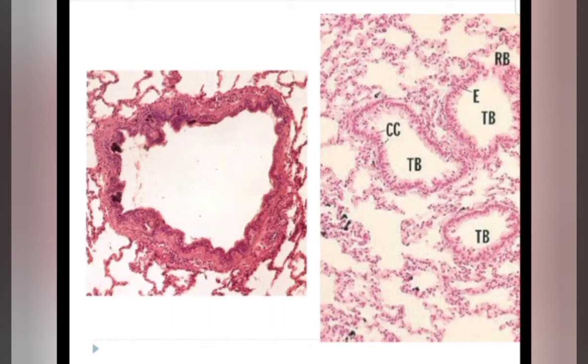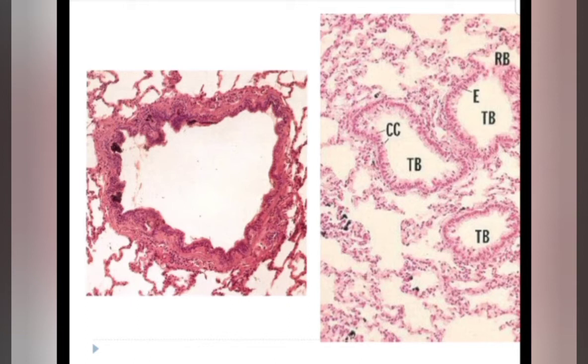The smooth muscles appear in the form of a complete layer in the intrapulmonary bronchi. The hyaline cartilage is not present in the form of C-shaped rings, but occurs as irregular cartilaginous plates. So these are the differences between the extrapulmonary and intrapulmonary bronchi.